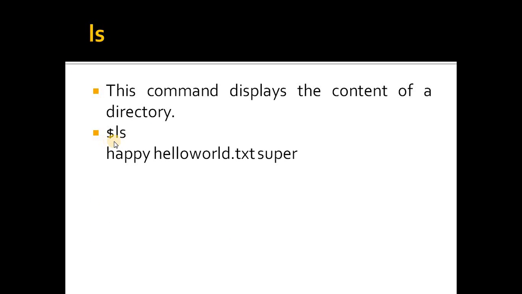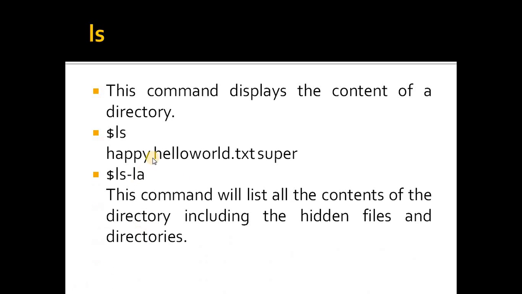So at the bash prompt, if you type ls and press enter, you will get the file names which are stored in your current working directory. This ls command has a variety of options. First is -la. Any command followed with a hyphen are the options to that particular Linux command.